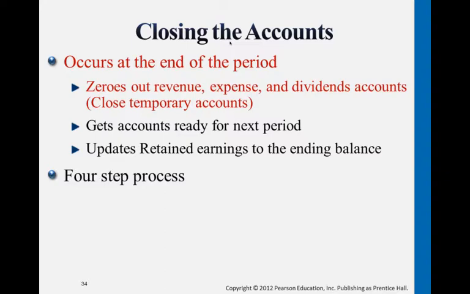So closing entry, zeroing out, setting revenues, expenses, and dividends back to zero, simply means we're transferring the amount into retained earnings. And then starting from next month or next quarter, you will be adding new revenues, new expenses, new dividends, if the company decides to give out any.